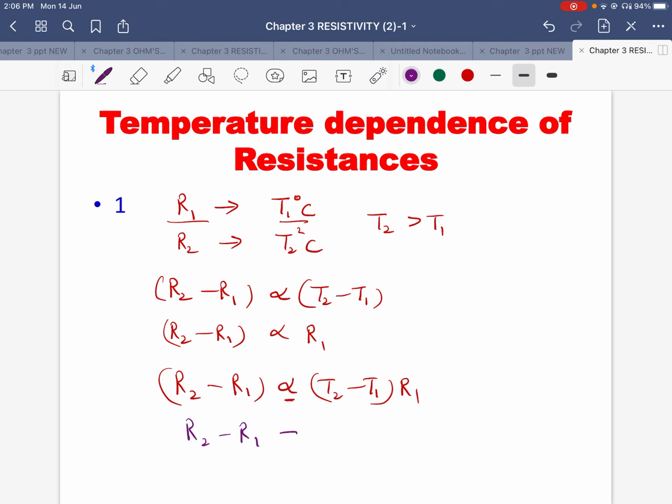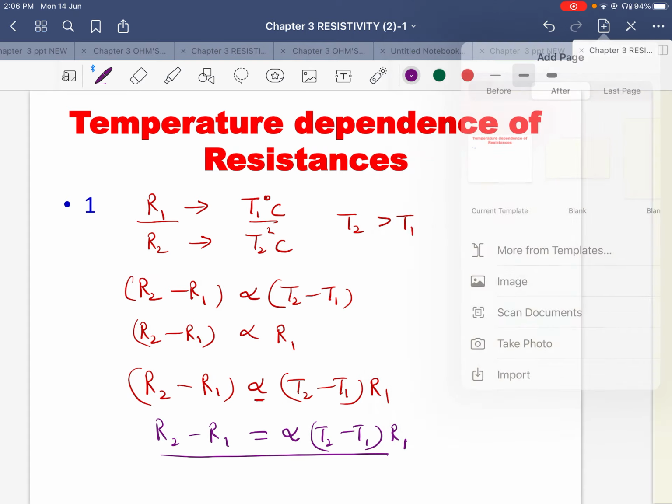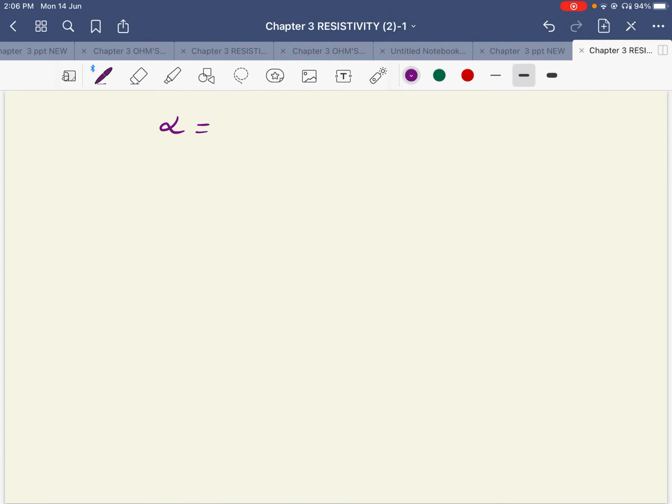R2 minus R1 is equal to α times R1 times (T2 minus T1), where α is the constant of proportionality, known as the temperature coefficient of resistance. From here we can find the value of α. Therefore, α is equal to (R2 minus R1) divided by R1 into (T2 minus T1). This α is known as the temperature coefficient of resistance.